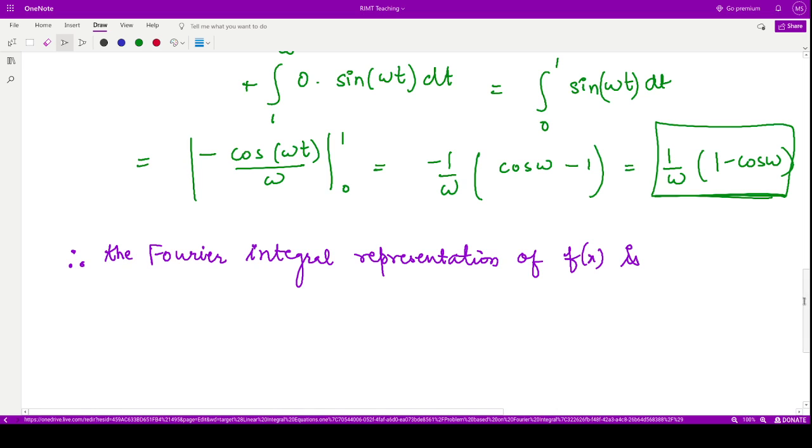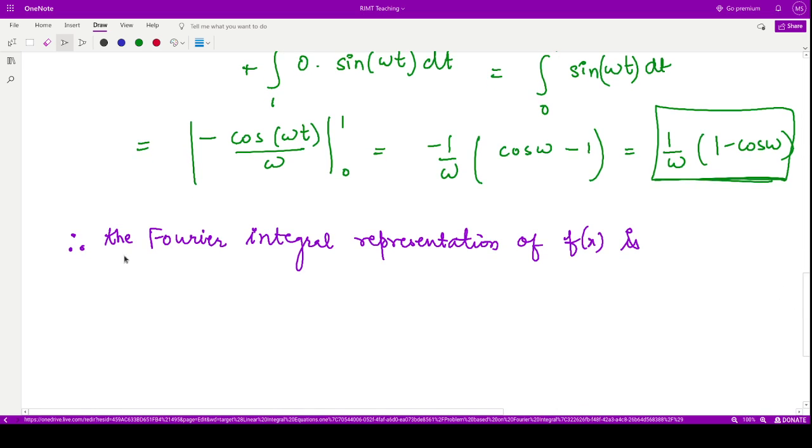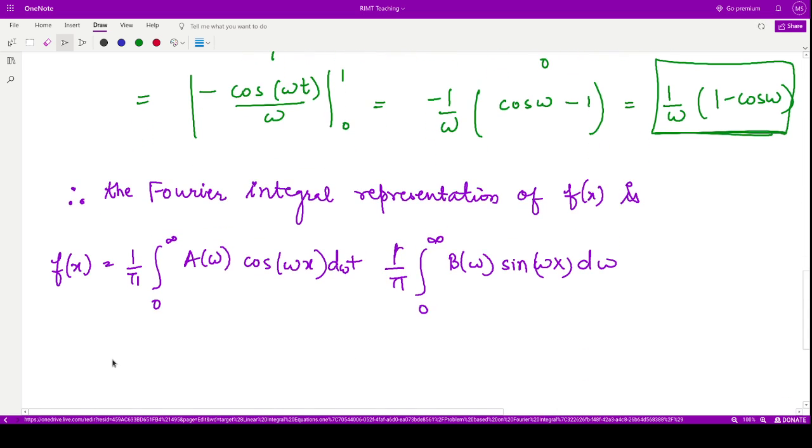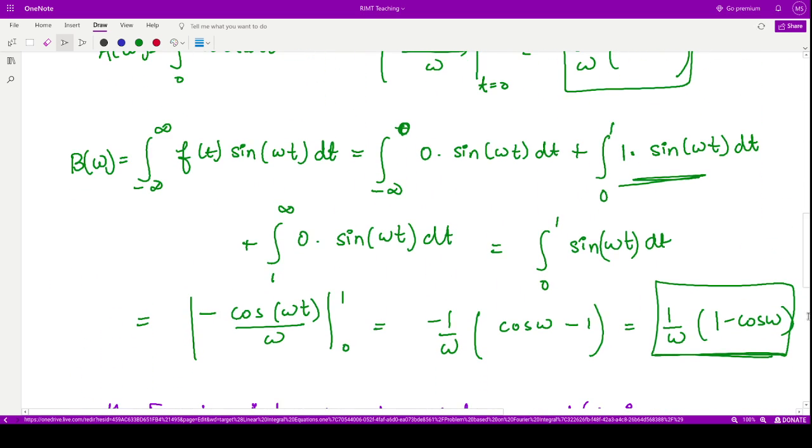So f(x) is equal to 1 by pi, integral from 0 to infinity of A(omega) cos omega x d omega, plus 1 by pi, integral from 0 to infinity of B(omega) sin omega x d omega. Now I can substitute the values. It would be 1 by pi, integral from 0 to infinity, and in place of A(omega), the value I obtained is 1 by omega sin omega.